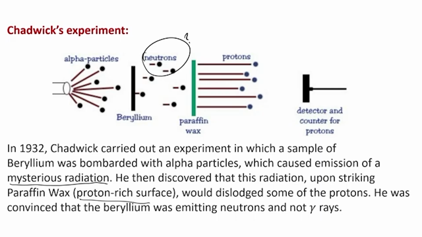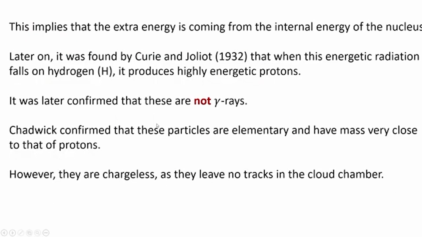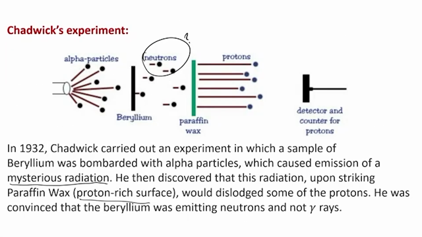He was convinced soon afterwards that this beryllium was emitting neutrons, which he called them, the neutron term was already available, but he was convinced that they are not gamma rays. They are new particles, and which would solve this mystery of what is actually the constituent of the nucleus. So, we are categorically coming to what was initially thought and how those mysteries were resolved in order to arrive at the correct picture that we are familiar with now.